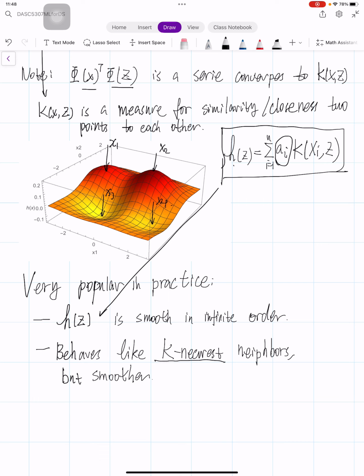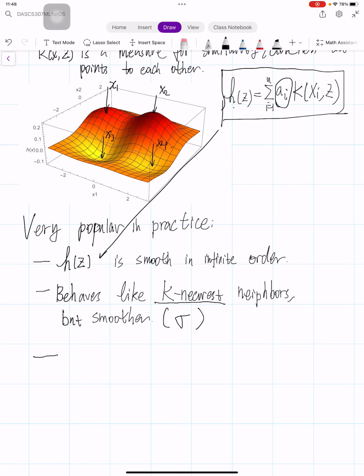You can think of this k as being tuned by sigma. If your k is 1, your sigma is small. If your k is large, your sigma is large. It has much less variation than polynomial features.